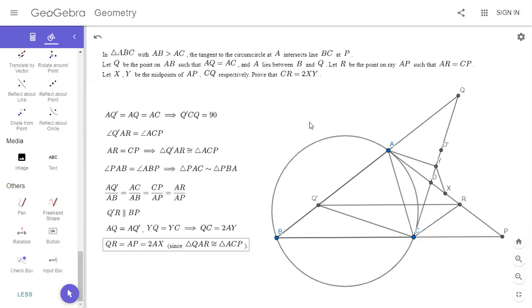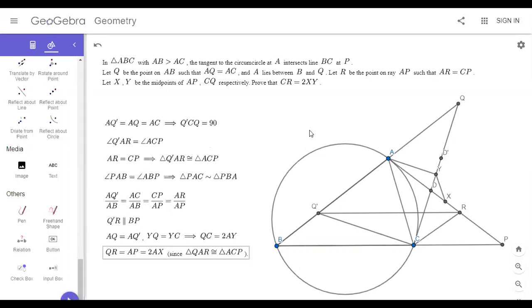Q prime C is equal to 2AY, and QR is equal to 2AX. Yeah, but you have to show, I'm just telling Loom, you'd have to show that a pair of angles are equal in those two triangles first before you can conclude that CR is 2XY. So here was kind of what I had in mind.